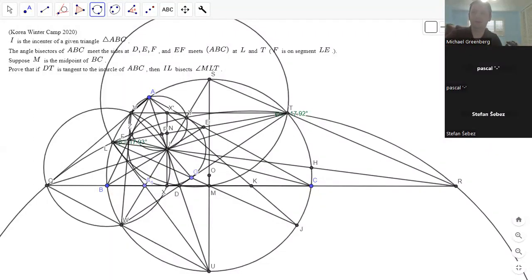I've never seen this kind of diagram before, with the feet of the angle bisectors like this, where you usually connect them.